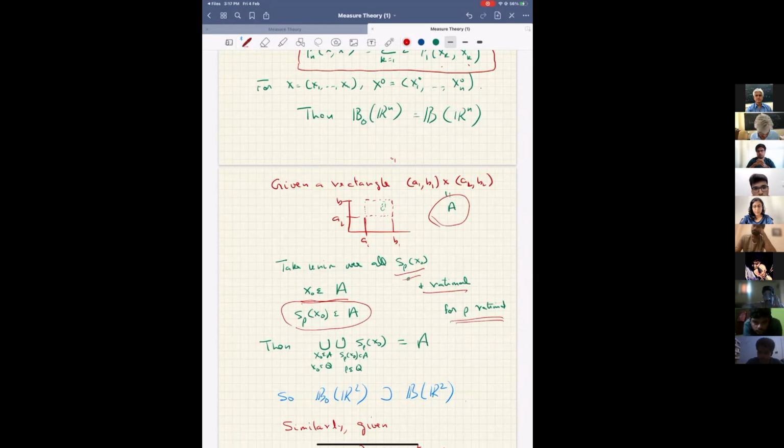Right? These are well-defined things. So I'll just look at this union here, countable union here. Since each S rho x0 is a subset of A, this overall union is also going to be a subset of A. And now you can argue any point in A is going to belong to some S rho x0. So it's equal to A.